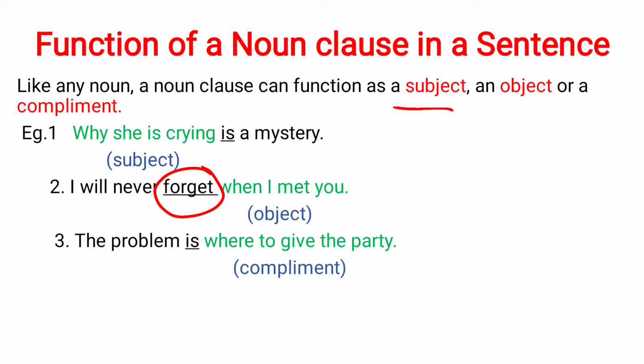So this is the difference between an object and a complement. And here this group of words is acting like a complement because we have a helping verb and we do not have any main verb in this sentence. So I hope you have understood how a noun clause functions like a subject, an object and a complement.